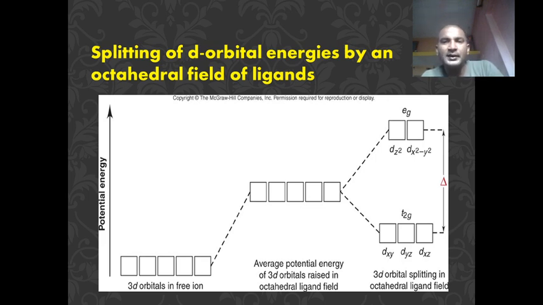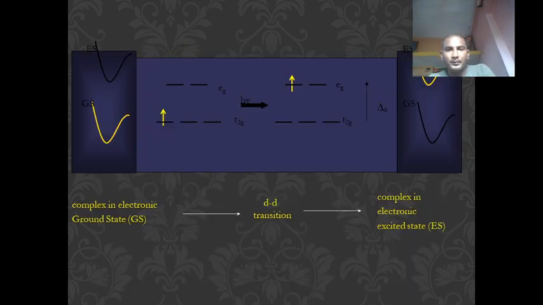Eg atomic orbitals are dx2-y2 and dz2, and T2g atomic orbitals are dxy, dyz and dxz. This diagram shows the d-d transition, which means transfer of one electron from the lower energy level of the d atomic orbitals to a higher energy level of the d atomic orbitals, that is, from T2g to Eg.